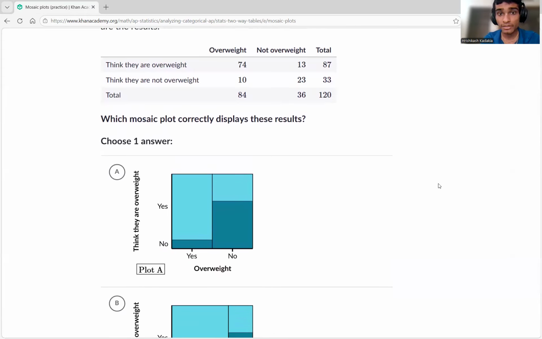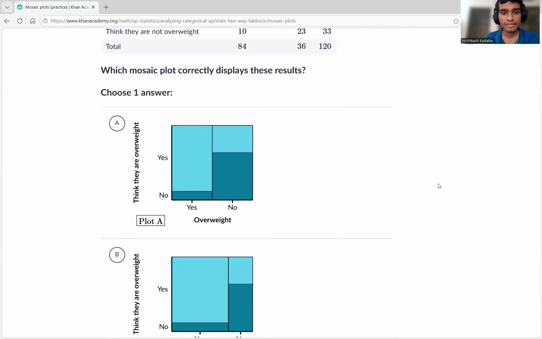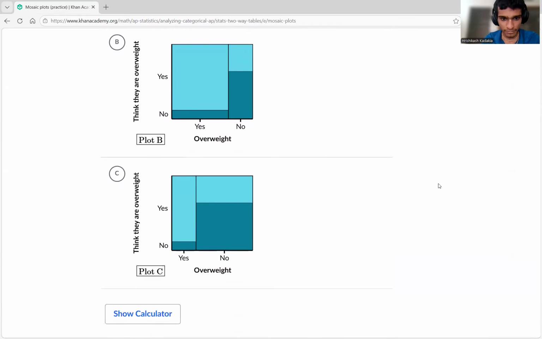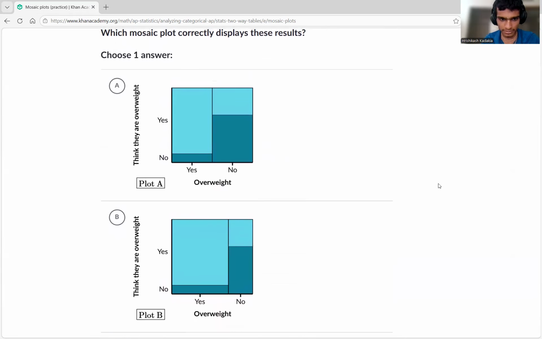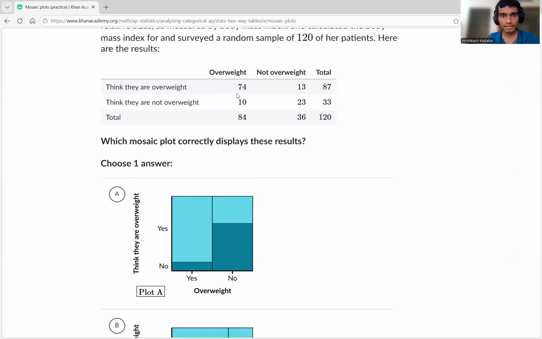Like not overweight, I mean not thinking and thinking. So if they think they're overweight, what is the scale here? I think they have the scale. Think they're overweight. Yeah. So if they think they aren't overweight, that does match, because the bulk of the participants, if you see here in the yes category, 74 of them think they are overweight.